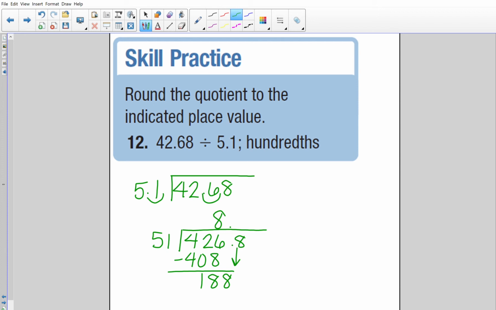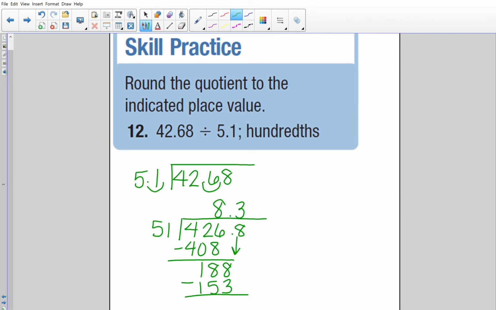That's going to go in about 3 times. 51 times 3 is going to give me 153. When I subtract those out, I get 35.